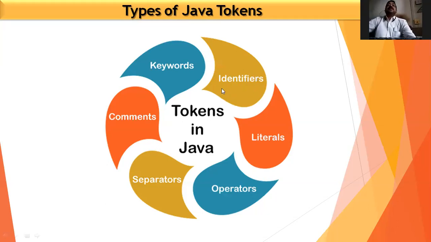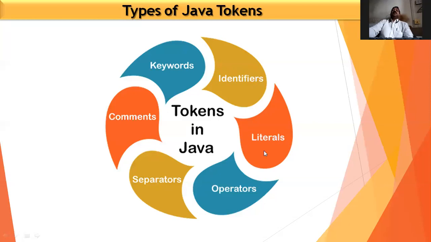First, we shall consider the keywords, those keywords or reserved words which are used in Java source code. This is one type of token. The second thing is the identifier, that is the name of the variables or the name of a constant value. That is also called an identifier, which identifies something.